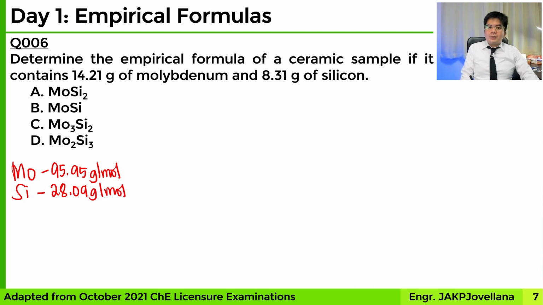We don't need to set a basis because we are given the respective amounts of molybdenum and silicon. So we need to convert these respective masses to their moles.